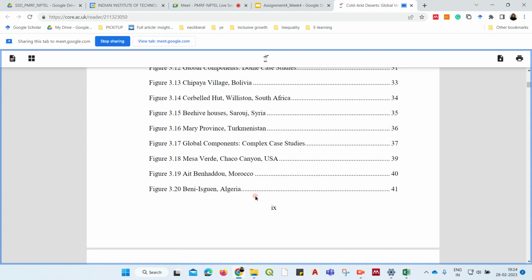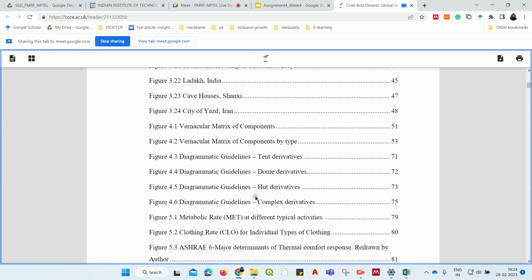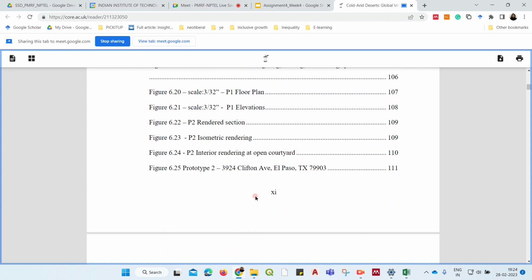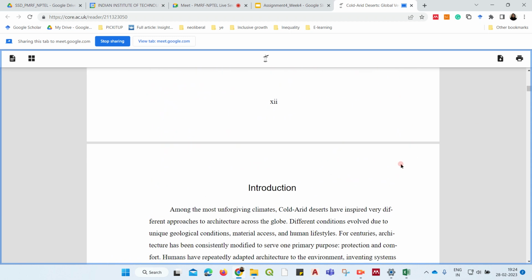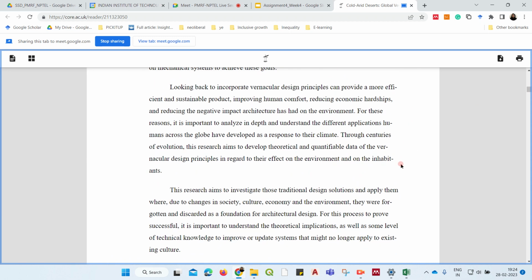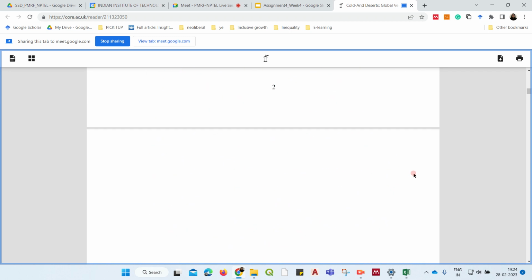Anyone who would like to see more about sustainable building techniques or vernacular building techniques specific to the climate of cold arid deserts, you can go ahead and see the study.